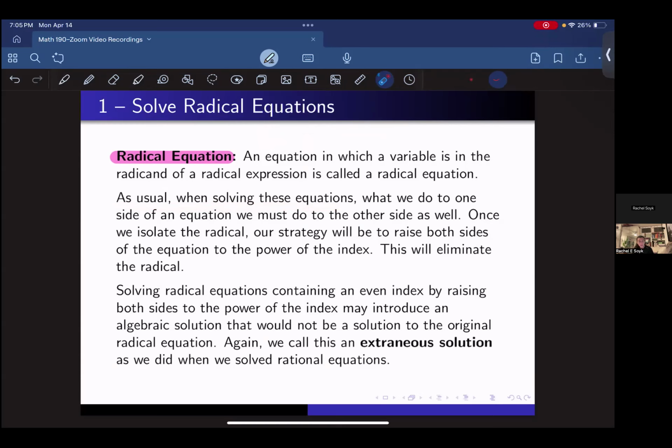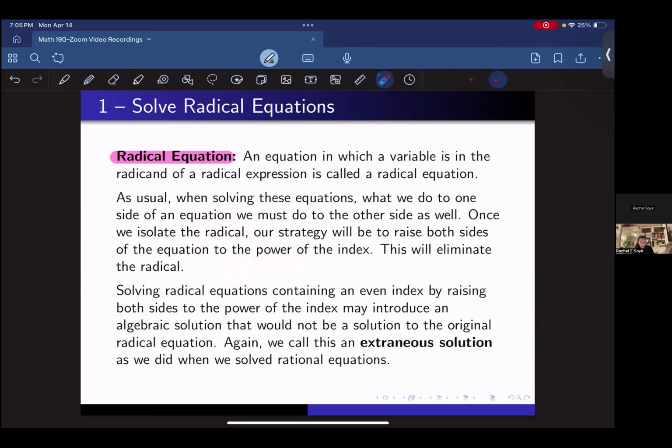And our objective when solving radical equations is simply getting that radical over to one side all alone, and then eventually reverse engineering that radical by either squaring both sides, taking the cube of both sides, whatever that index is, raising it to that power in order to eliminate that root.